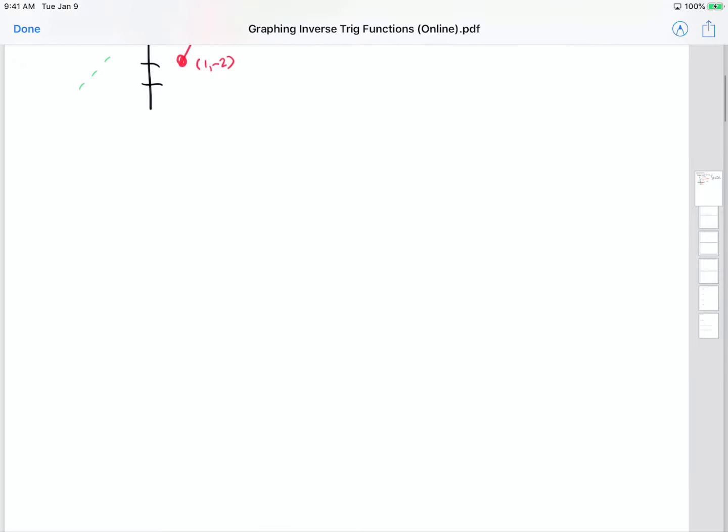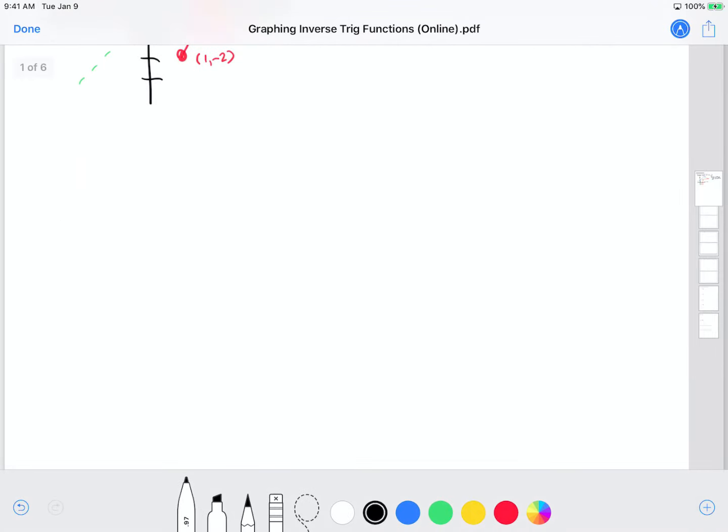Okay, now, there are times when you have to do what's called restricting the domain. If you want the inverse itself to also be a function, there are times where you have to restrict the domain of f of x in order for f inverse to be a function.